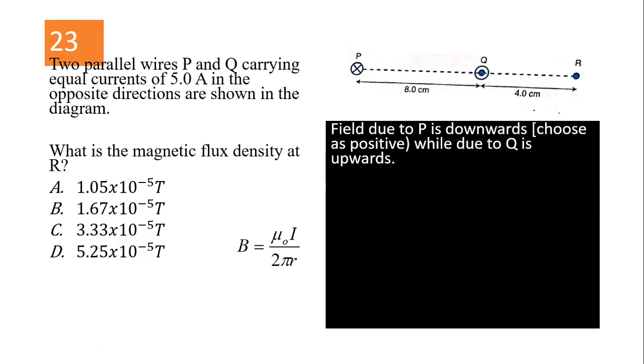So it's going in, meaning the field is circular, clockwise. At this point, the tangent is going downwards, so you can choose downwards as positive.